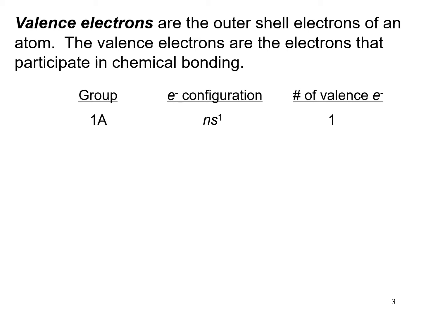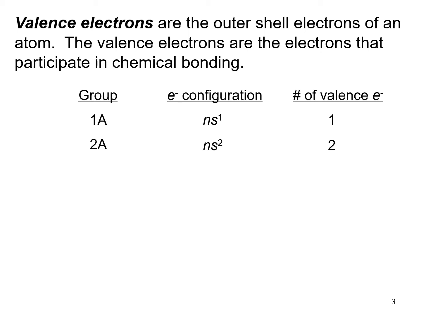So all elements within group 1A have one valence electron. So n specifies the principal energy level, s the subshell, and we have one electron. So that is the general electron configuration for the valence electrons for the elements in group 1A.